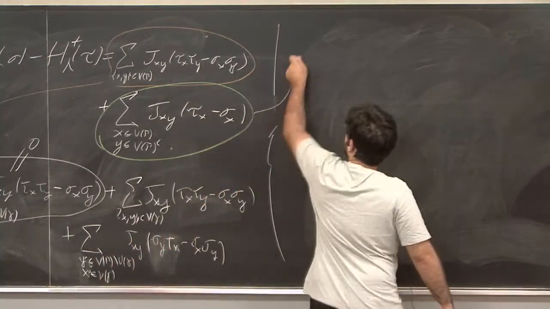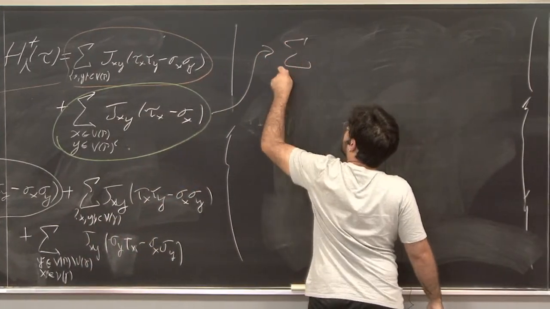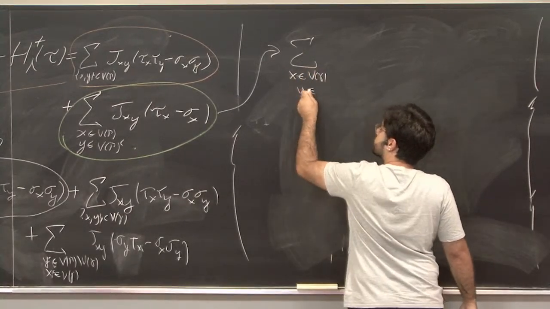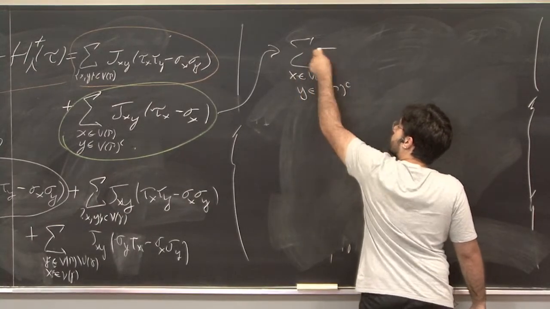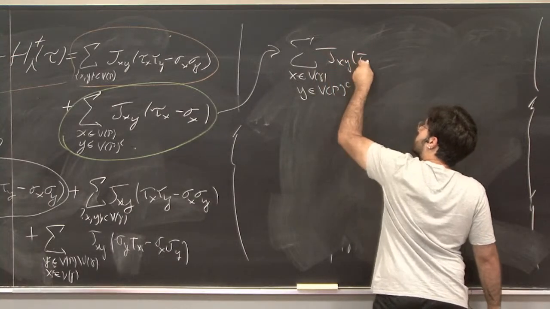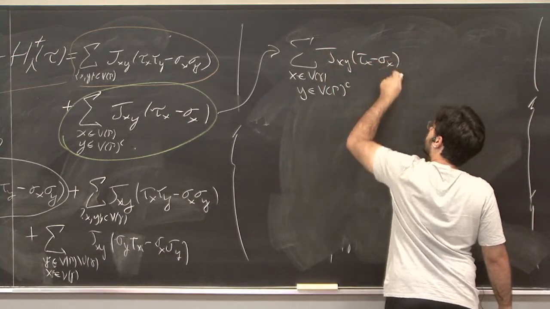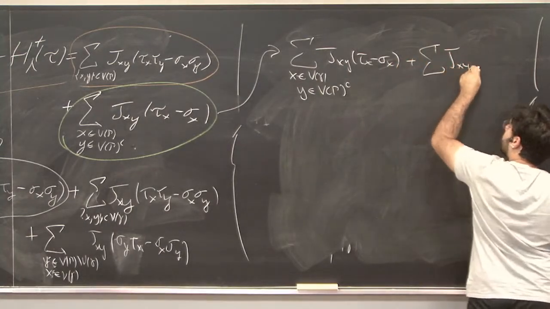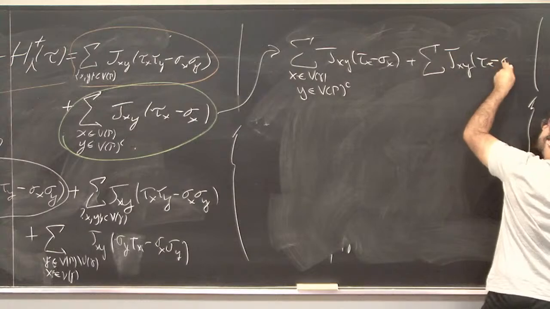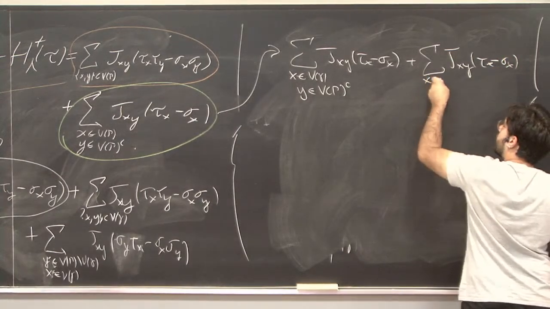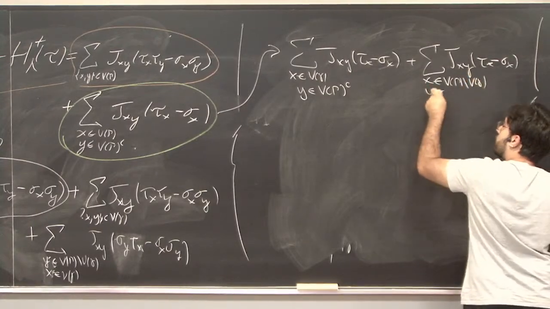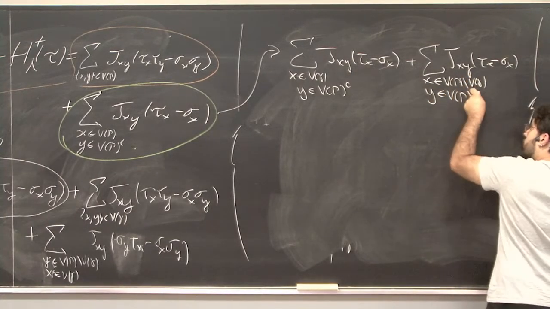You have the sum over x inside V gamma, J xy, tau x minus sigma x, V gamma minus V gamma, and y outside V gamma.